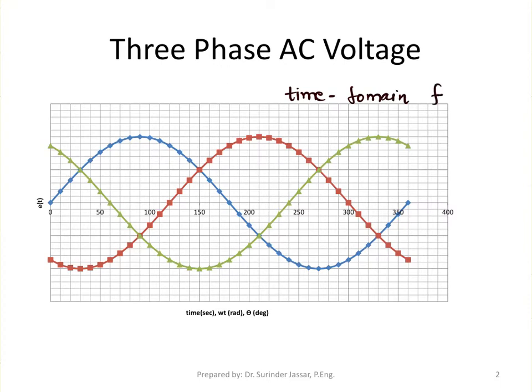You can take any phase, for example, let me take this as VA, and let's say this is VB and this is VC. You can see that all of them have the same amplitude when you measure from 0. This is where the 0 is. All three have the exact same amplitude.